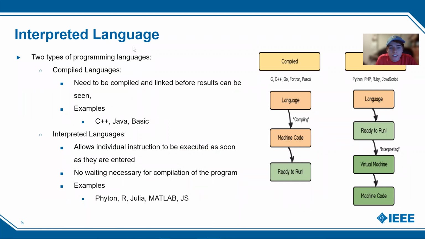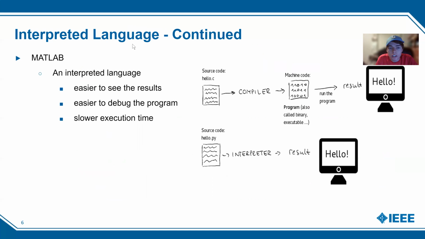Let's talk a little more about MATLAB's interpreted language. The nice part about it is you can see the results pretty easily. When you type in something, you're able to see it actually get displayed. You don't have to deal with all these zeros and ones and binary in order to see the result.